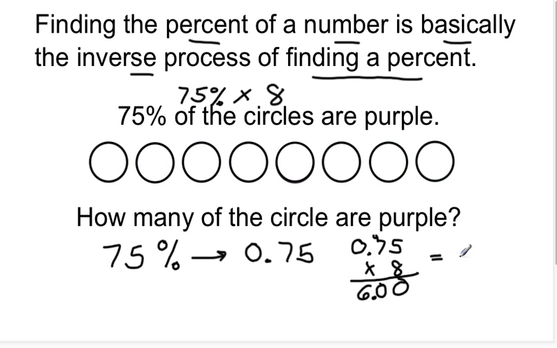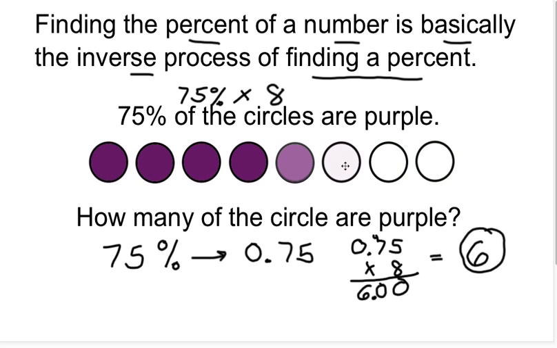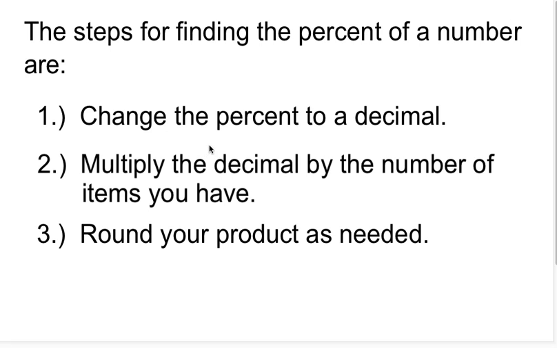So our answer is 75% of the circles are purple, which means 6 of them are purple. And if we reveal that, we see that we have 1, 2, 3, 4, 5, and 6 of them are indeed purple.